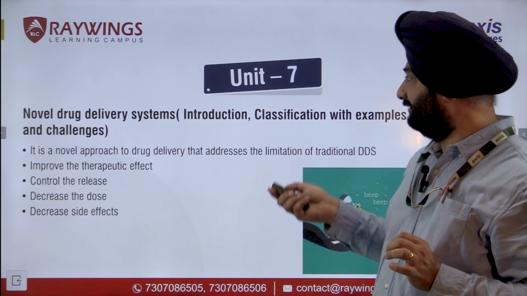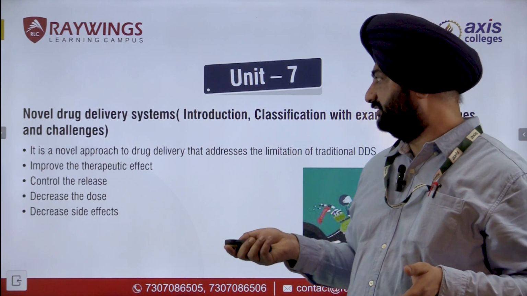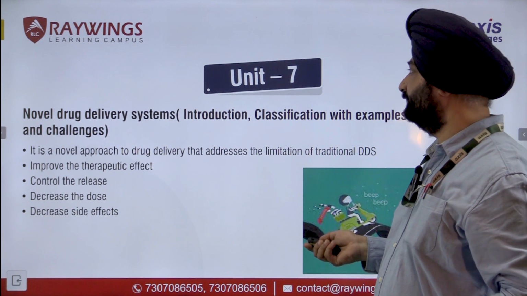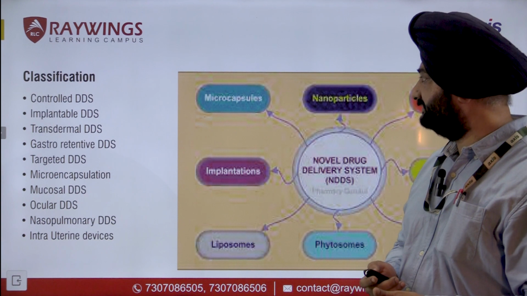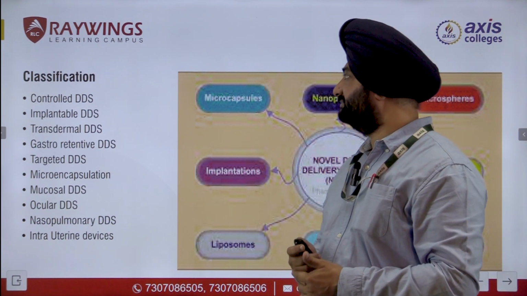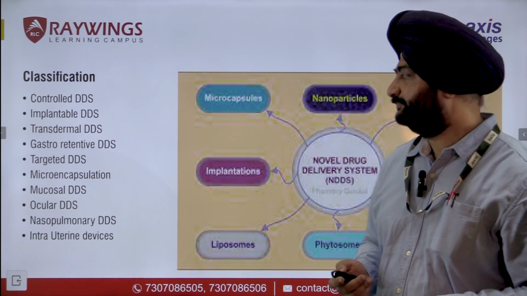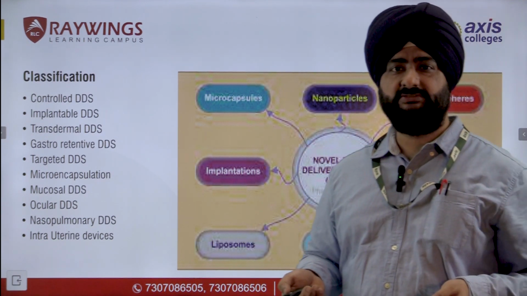It improves the therapeutic effect, controls the release, decreases the dose and decreases the side effects also. So this is the classification of NDDS, what we are covering in NDDS: transdermal DDS, controlled DDS, implantable drug delivery system. We also have liposomes, phytosomes, nanoparticles.